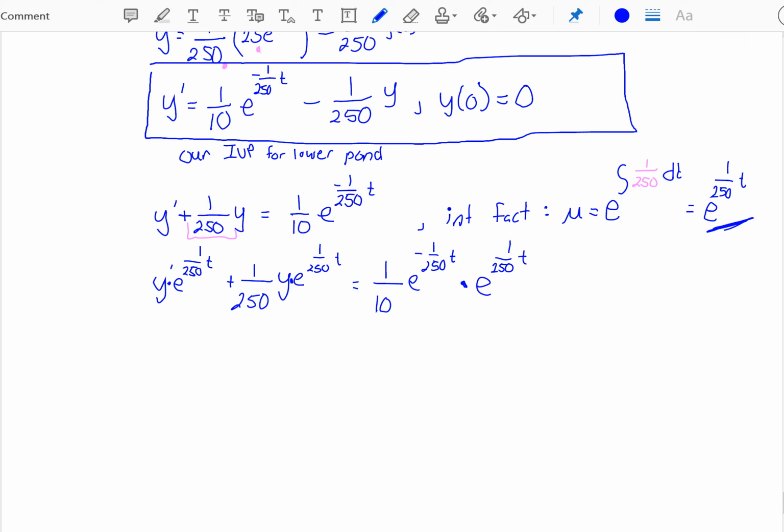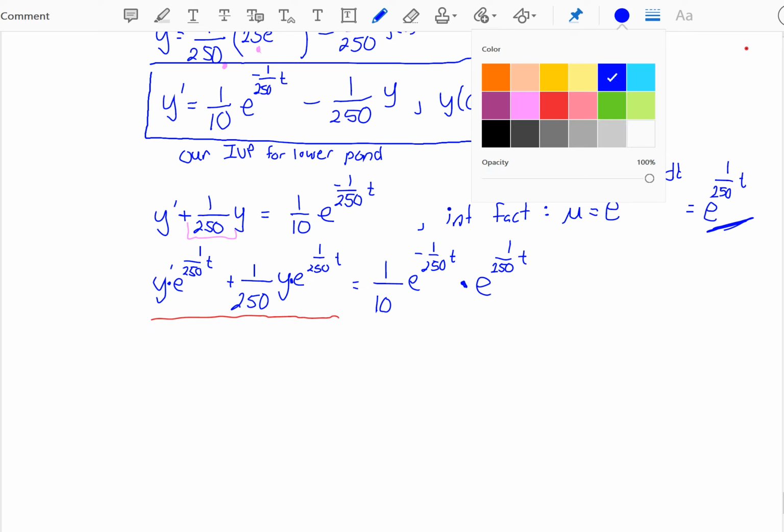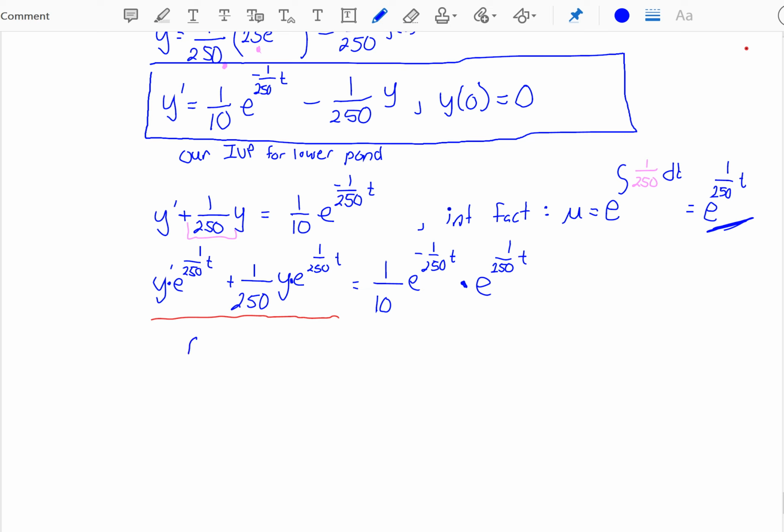And it should be that the left-hand side can be rewritten as an application of the product rule. So I hope you did that and wrote it as y times e to the 1/250th t, prime.